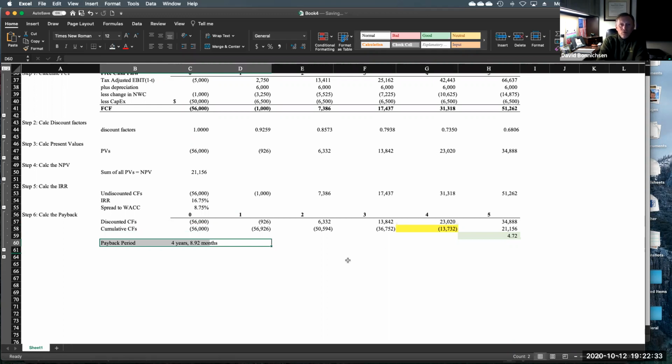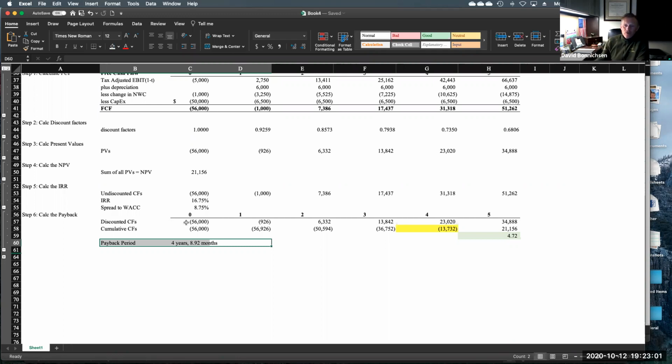So we're going to be using what's called the discounted payback period, where we take the discounted cash flows, so present value cash flows, because we want to compare apples to apples, and we want to see how long does it take us, okay, to pay ourselves back for the initial investment that we put into the project.